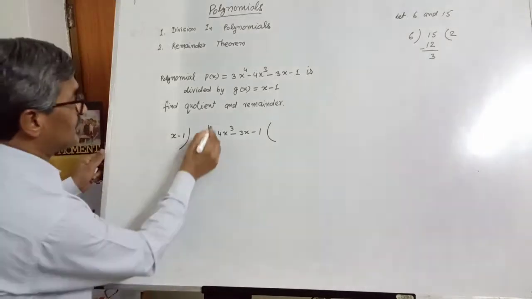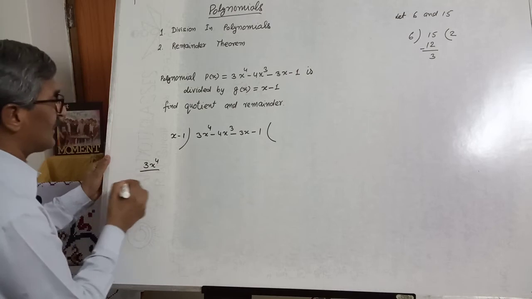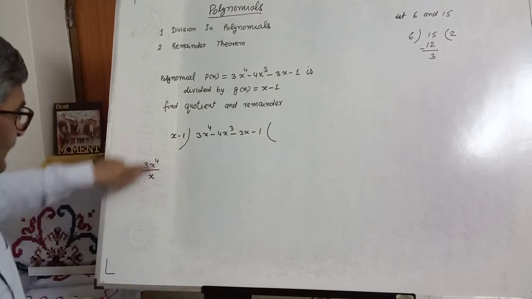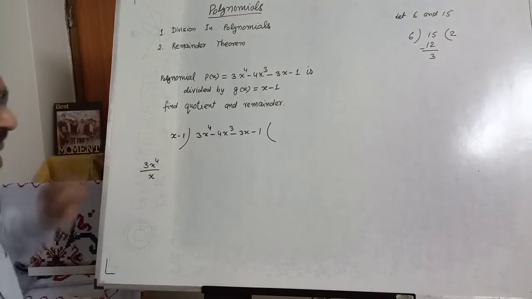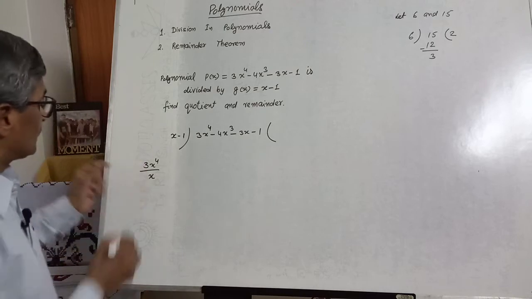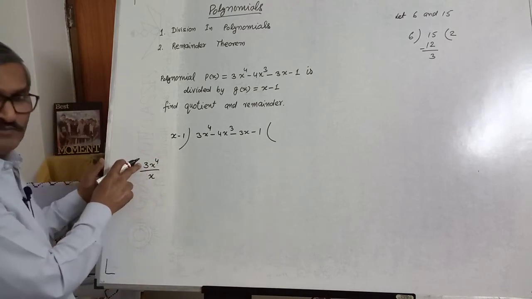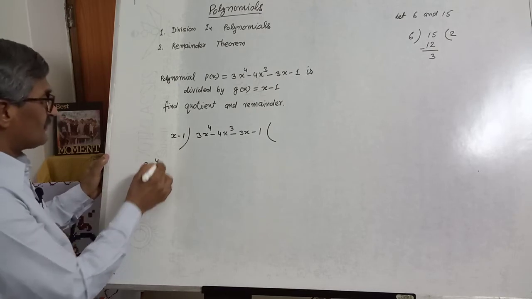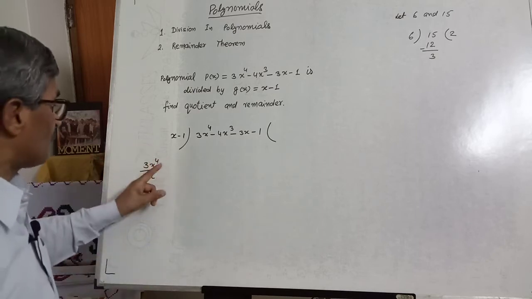Here, take the first term 3x^4 and divide normally by the first term of the divisor. x is the first term of the divisor and 3x^4 is the first term of dividend. Now divide it. This number divided by 1 will remain the same, 3, and x power 1 will be subtracted from x power 4, 4 minus 1.